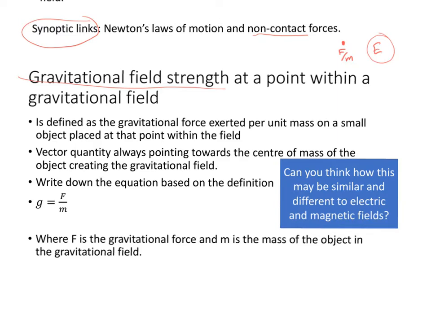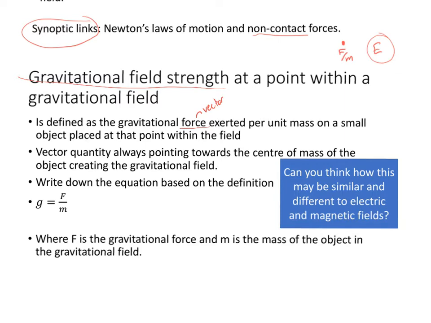It is a vector quantity as it's relying on force, and force is a vector quantity. So it means it has a magnitude, a size, and it has a direction. And it always points towards the center of the mass of the object creating that gravitational field strength.